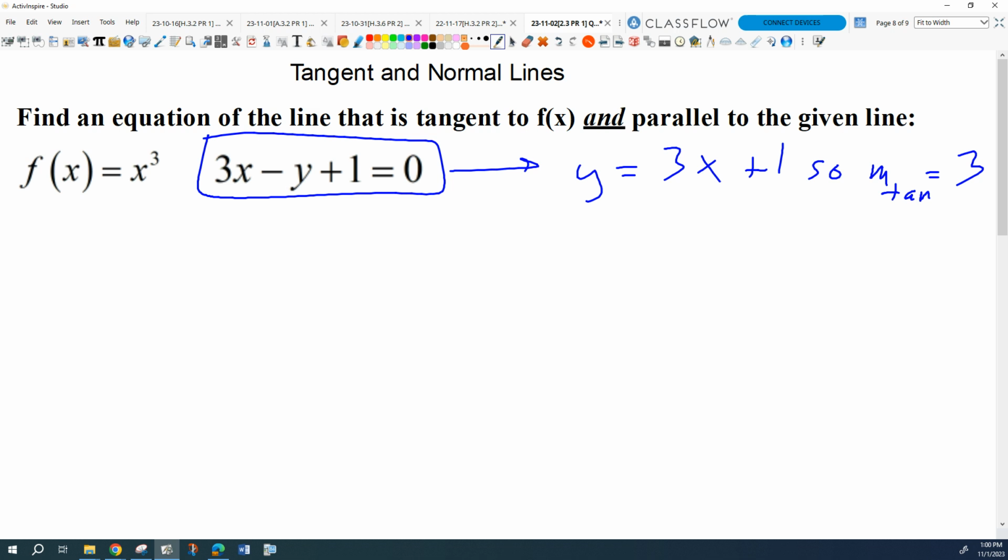That's it, right? If I want to know where f of x has a tangent line with a slope of 3, slope is a derivative issue, isn't it? That's the job of the derivative, is to tell us the slope of the function, right? We input an x value, it outputs a slope. So we're going to calculate f prime.